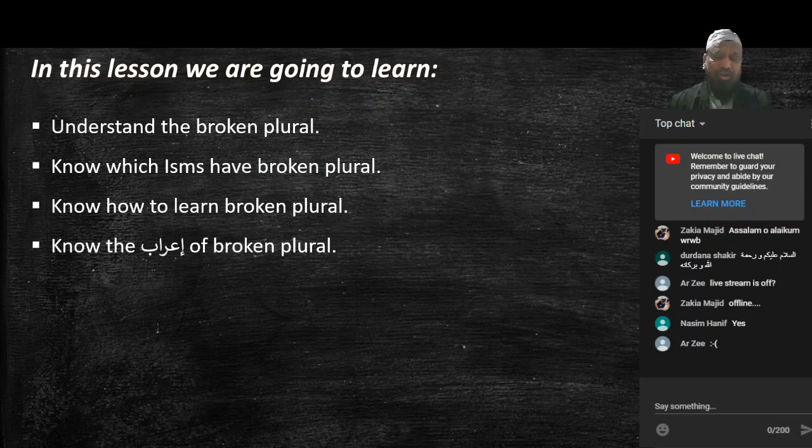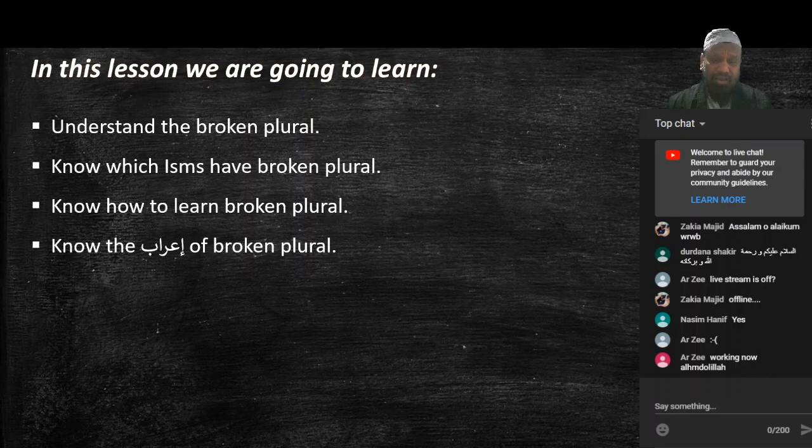So jama mudhakkar salim again will show i'rab with harf. And there are two harf. Number one with the waw in marfu case before the dhamma, and in mansub and majrur case with the ya before it kasra.